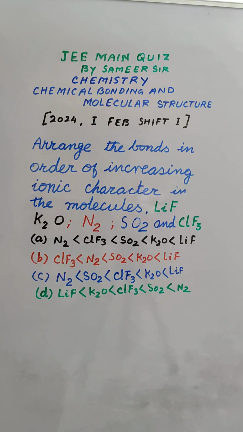So increasing order in first is LiF, then K2O, ClF3, SO2 and N2. Your time starts. Which is the correct option?